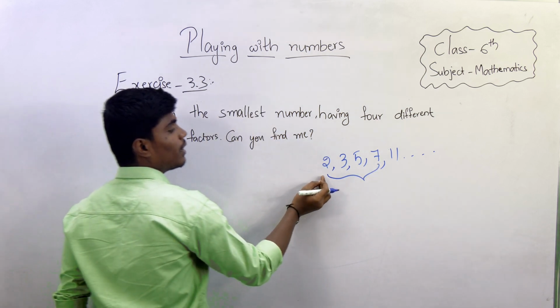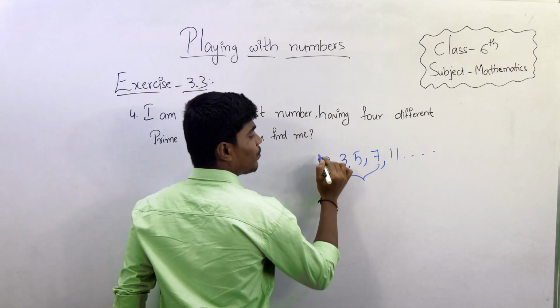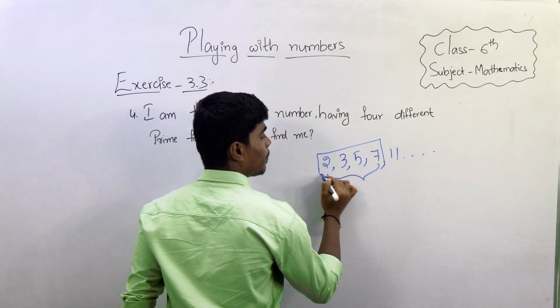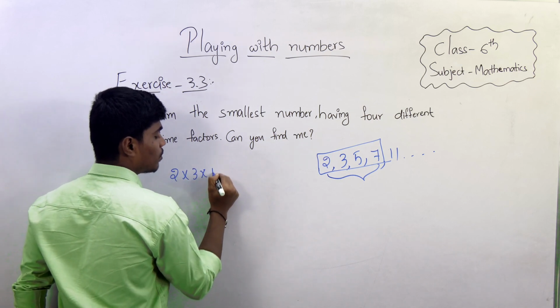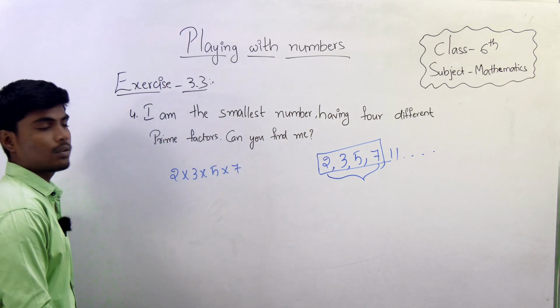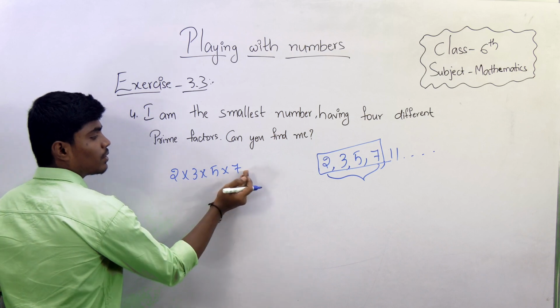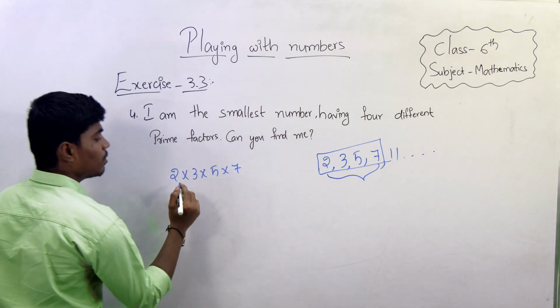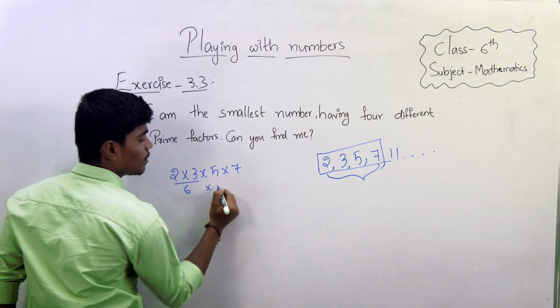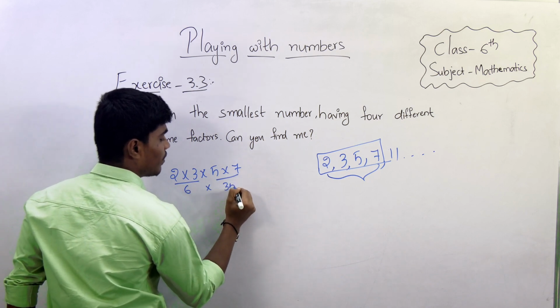So let's multiply the first 4 prime numbers: 2 into 3 into 5 into 7. 2 threes are 6, 5 sevens are 35.